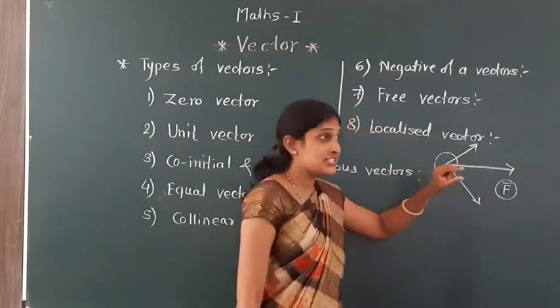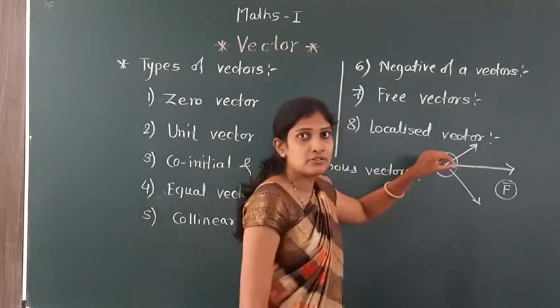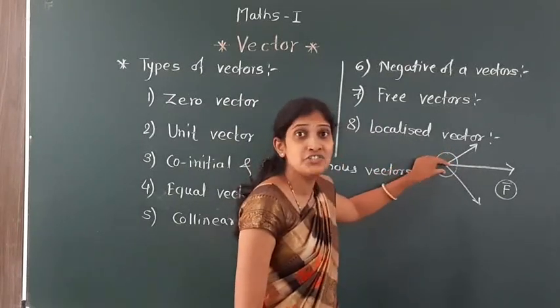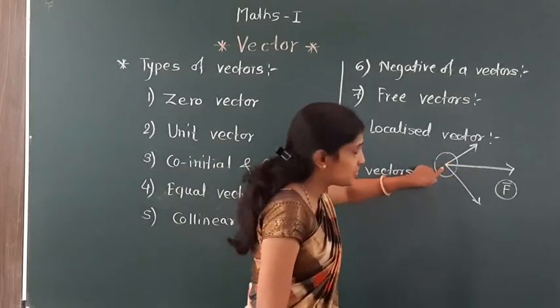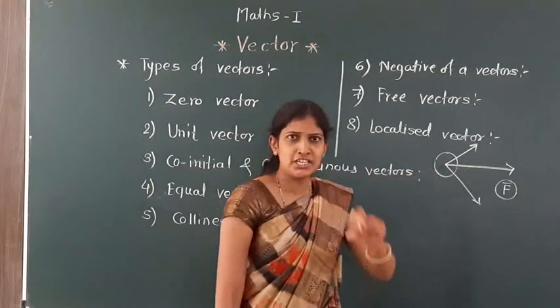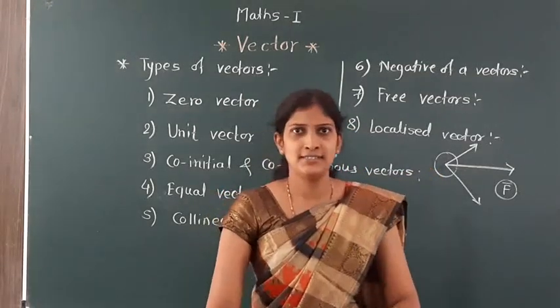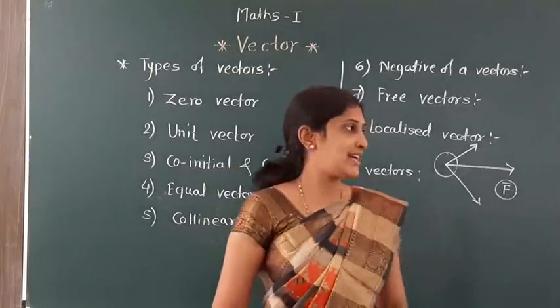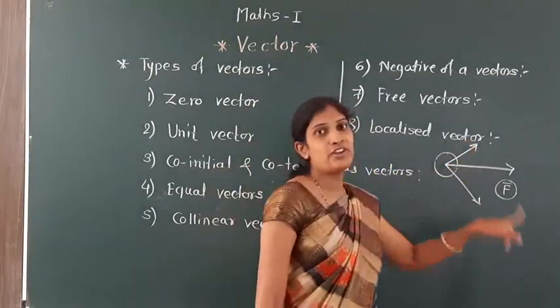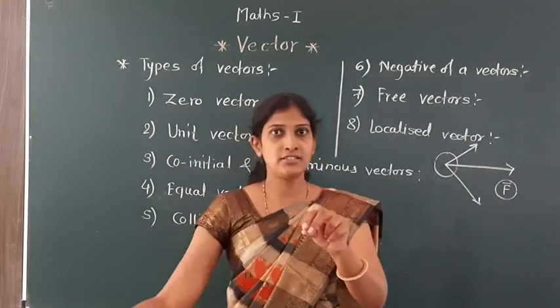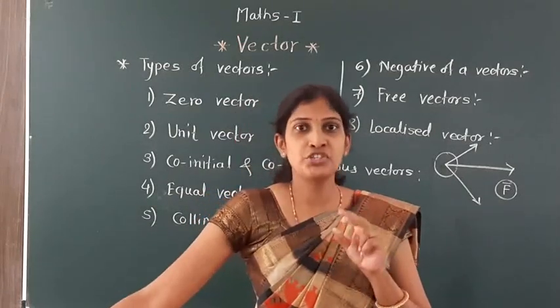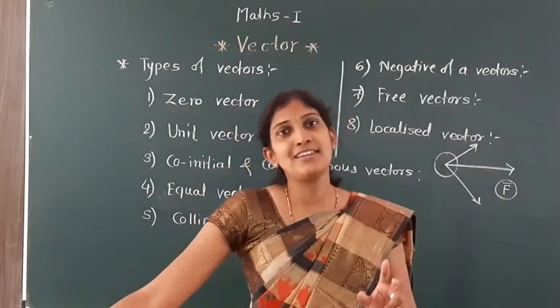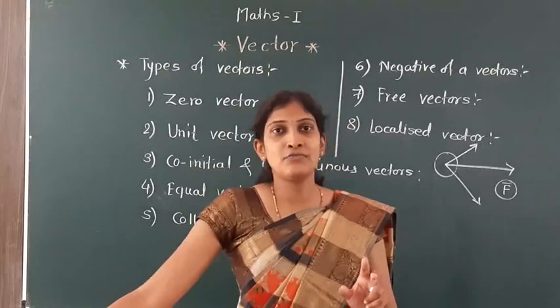The car cannot change its own position, which we call the initial position. It cannot change its initial position. The initial position is fixed. It is called a localized vector. The vector whose initial position is fixed is called a localized vector.